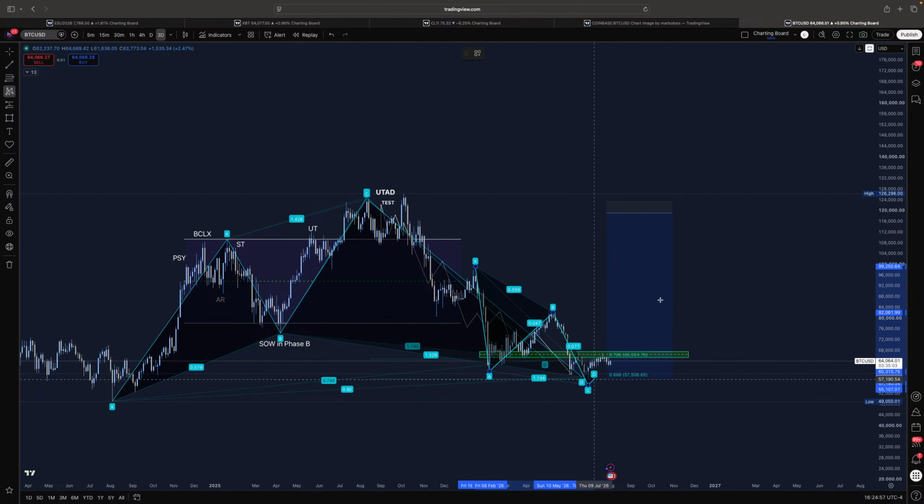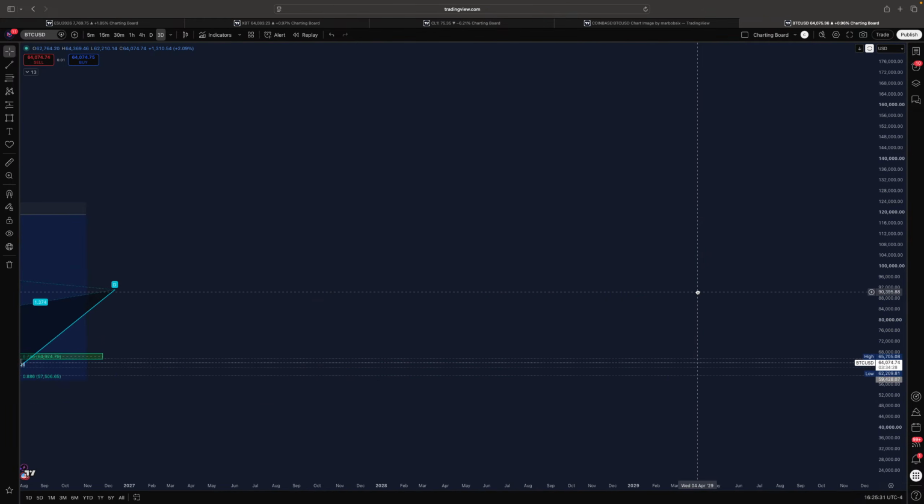Okay, if that were to be the case, into the 89 to the 0.886, obviously 93,000. Previously, the argument was as long as we do not break below the C leg, maybe a Gartley. However, Gartley and cipher present similar ratios. Where they differ is at the C point. So therefore, maybe there could be a possibility for a pending bearish cipher to be retested in the 89 to 90,000 region.